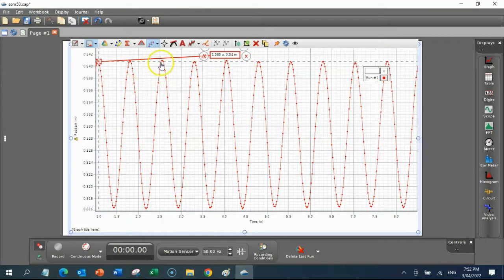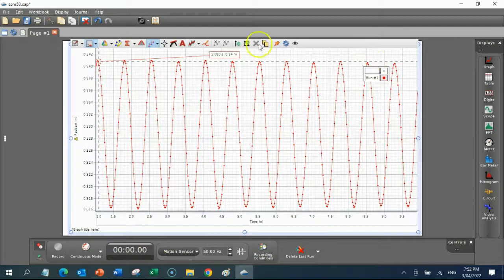So this is 1, 2, 3, 4, 5, 6, 7, 8, 9, 10, and click this to get an accurate reading. Now I've got to find this point here and bring that up and set it on the 10.